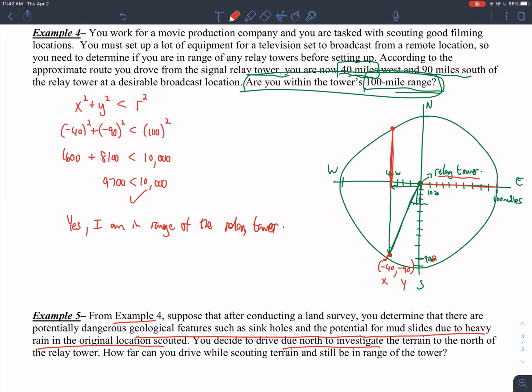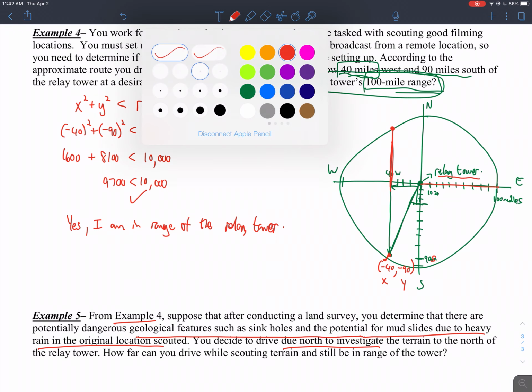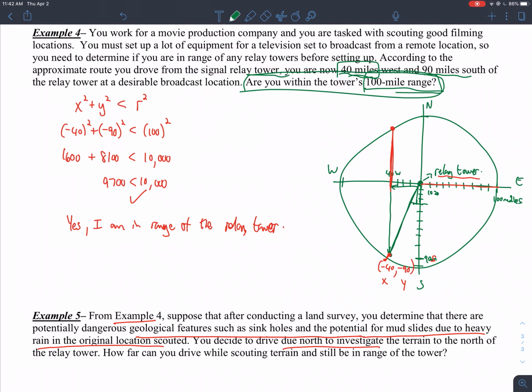One thing I already know is this distance, if I just use my existing picture. If where I am right now is (-40, -90), and I just drive due north, then I'm going to get to the x-axis in 90 miles. So 90 miles is how far I am from the x-axis.